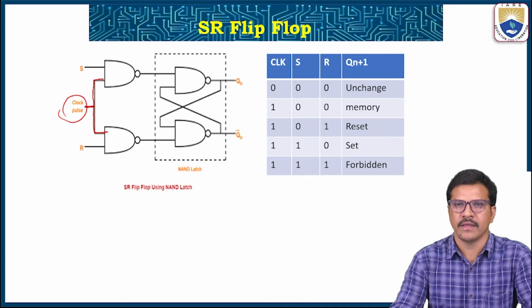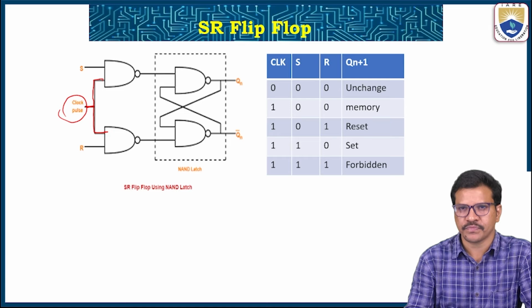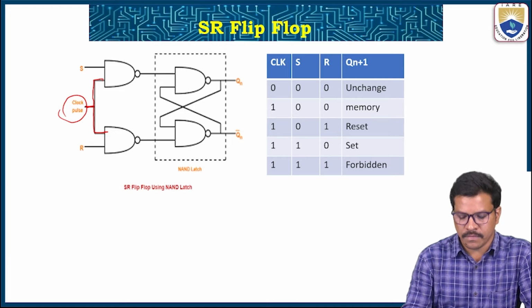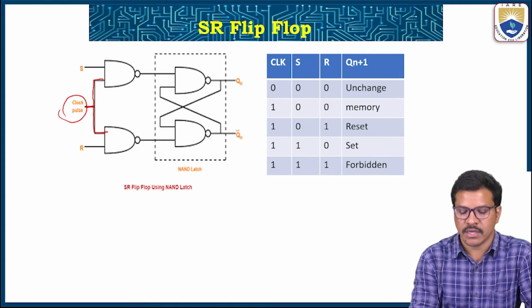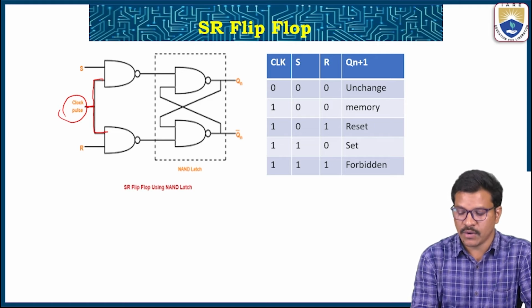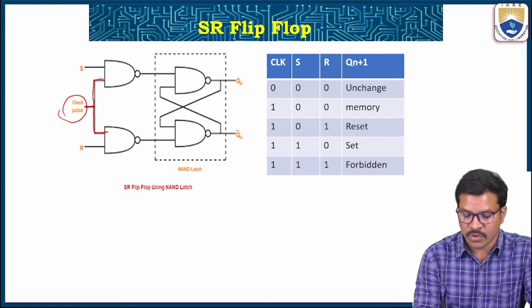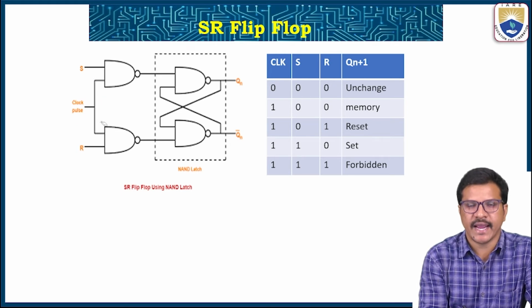So let us see the simple NAND latch. We know the actual NAND latch operation. But once you finish this SR flip flop truth table, then finally you remember this SR flip flop truth table, not the latch. Now let us see how this SR latch can act as a gated circuit.